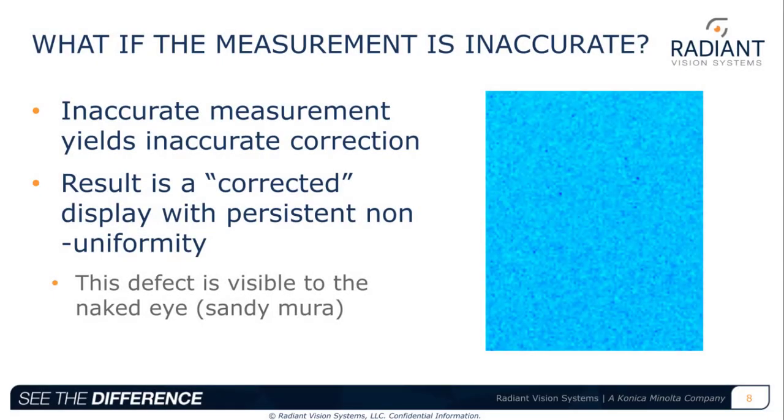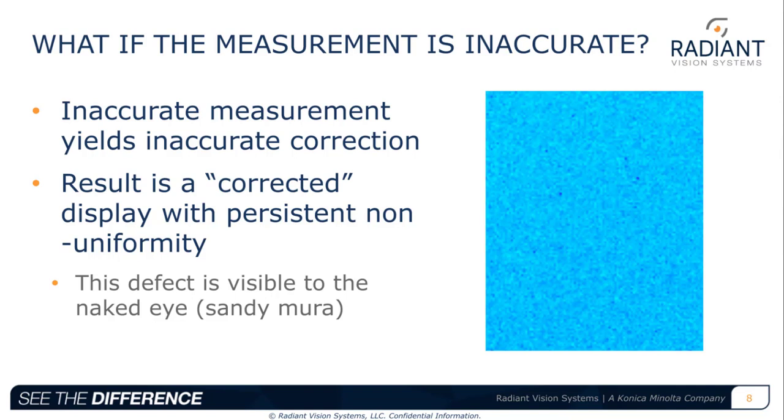In the previous slide, I showed a very nicely centered region of interest around lots of sensor pixels that comprise the measurement of a display pixel. But as we will see later in the presentation, when we have much less sensor pixels per display pixel, that gets much more difficult. And what happens if that results in an inaccurate measurement?